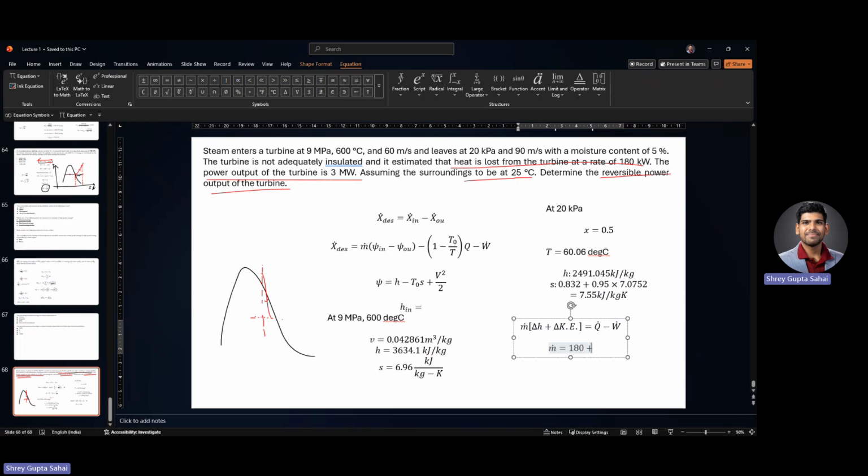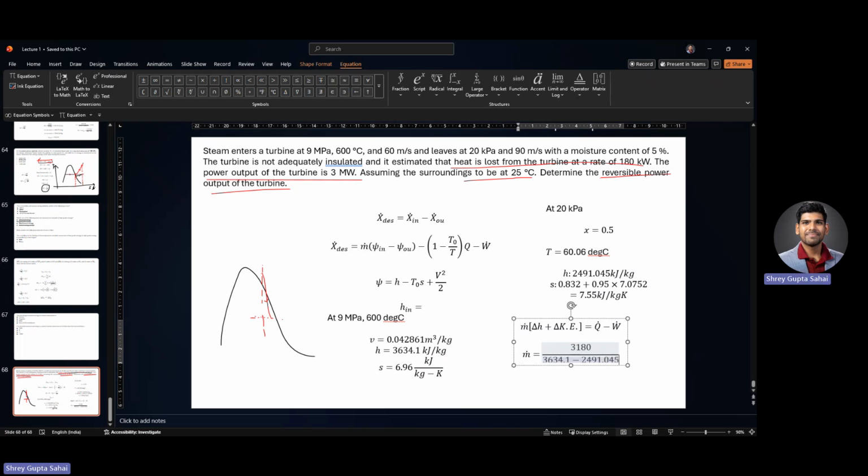180 kilowatts plus 3000, 3180, divided by this difference. What is it? 3634.1 minus 2491.045.